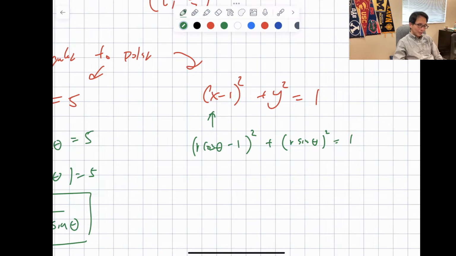If you expand it, just foiling, it'll be r squared cosine squared theta minus 2r cosine theta, and then plus 1 plus r squared sine squared theta equal to 1. What do you see here? I see two things happening. You can probably use an identity. You do have to use an identity. What identity are you gonna use?